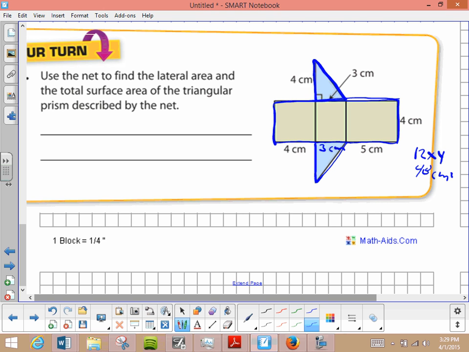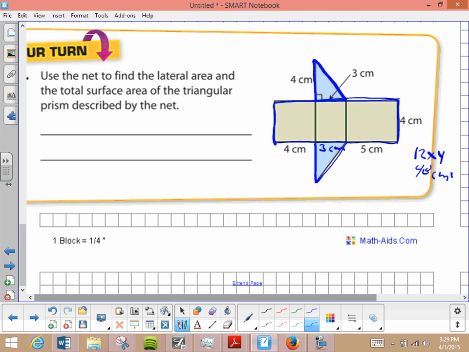Hang on. I love that she did that. I know that you got it, but the other kids are like, what? Let me explain it. When you convert that into a rectangle, you don't have to worry about getting the area of each of them and then adding all of them up.